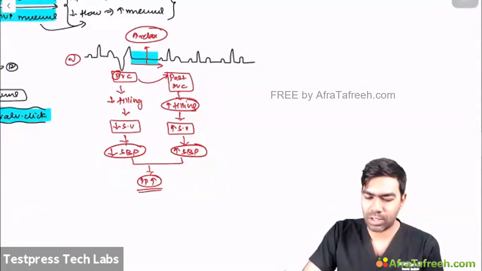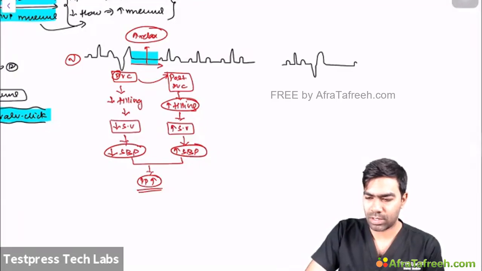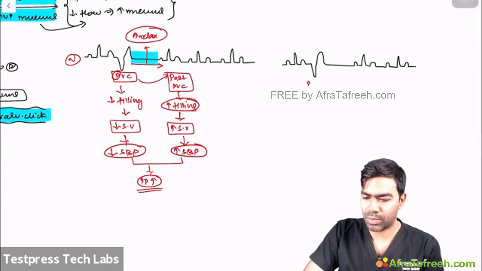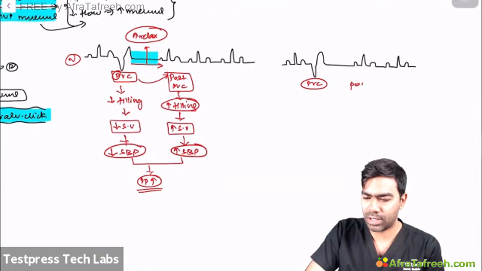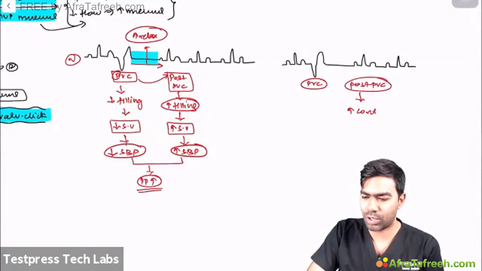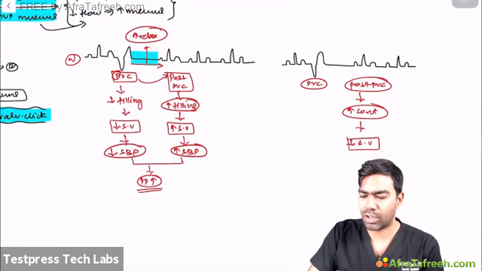Now, what happens in HOCM patients? Take a similar scenario, a premature ventricular contraction and a post-PVC beat. In the post-PVC beat, because of augmented contraction, the stroke volume will actually reduce and not increase.